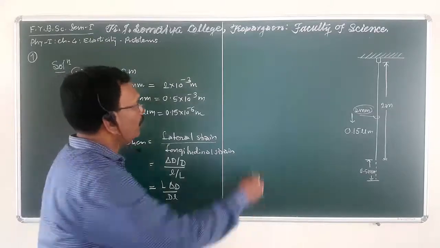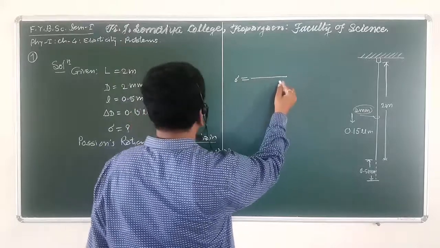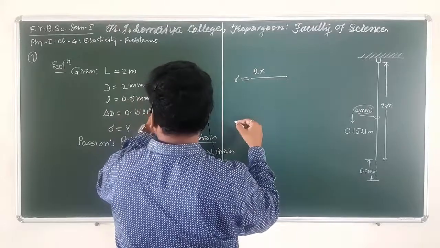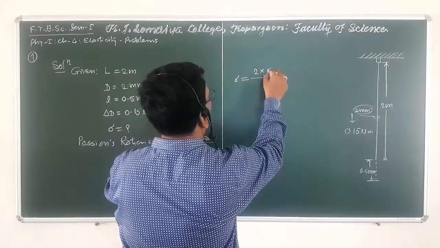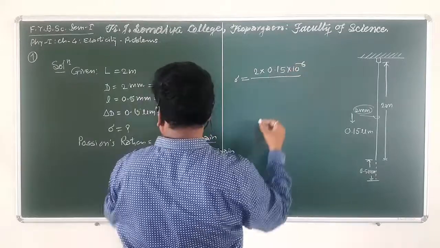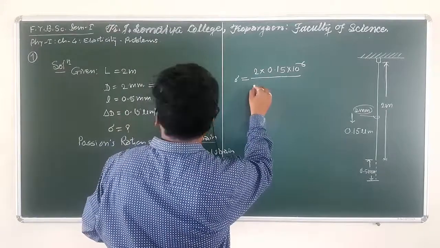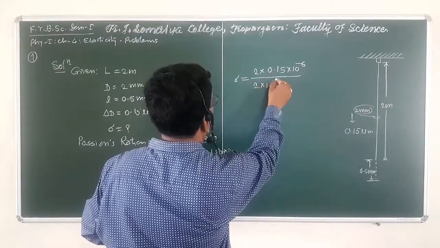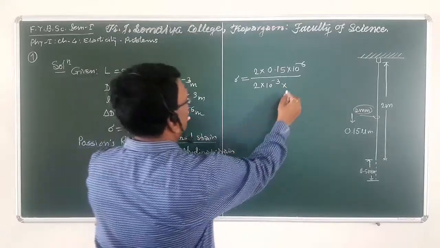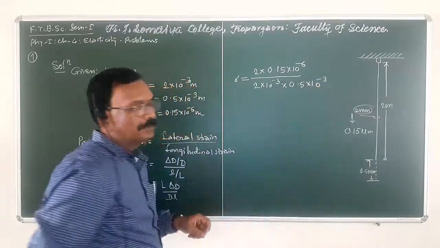After substituting the values, we have sigma equal to, the value of L is 2, into delta D, which is 0.15 into 10 raised to minus 6, then the value of D is 2 into 10 raised to minus 3, and the last value, delta L, is 0.5 into 10 raised to minus 3.